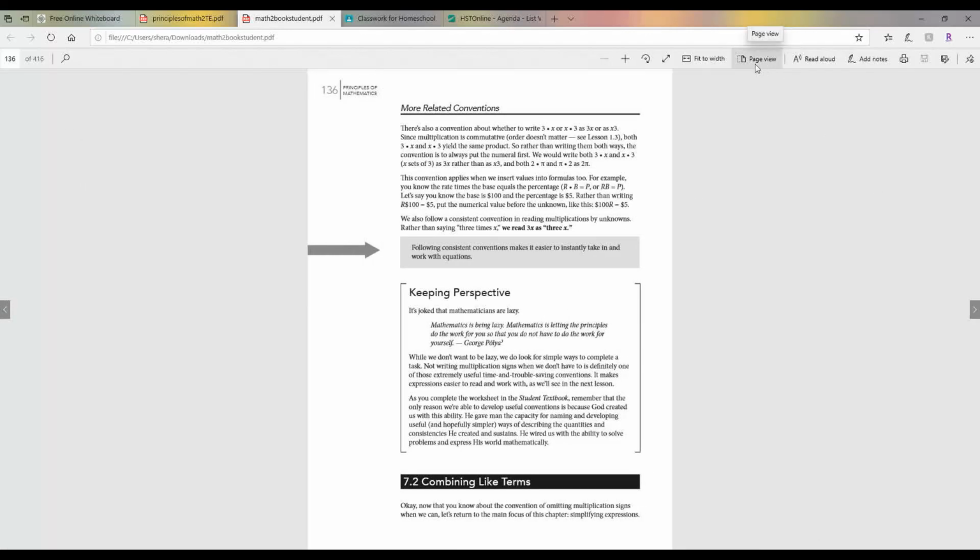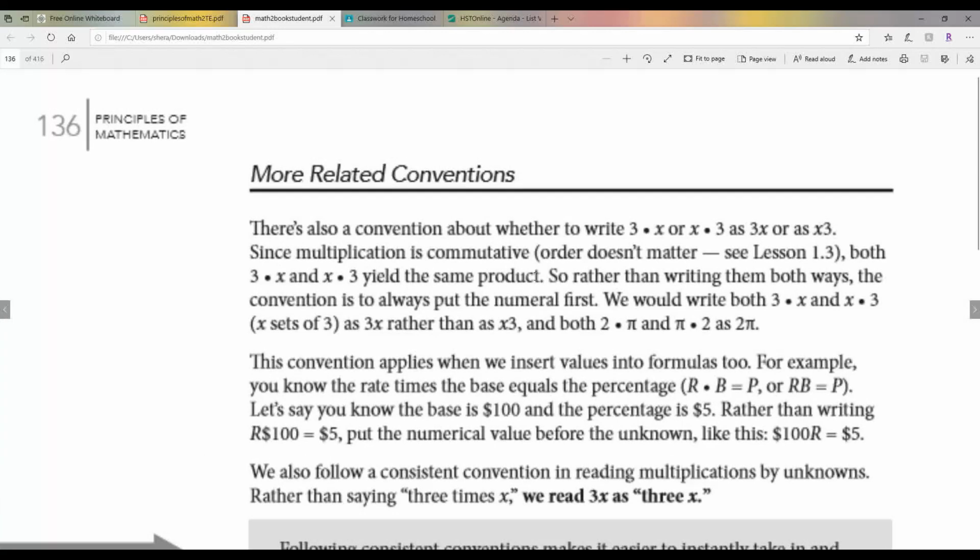All right, so let's look right here. There's also a convention about whether to write 3 times x or x times 3 or 3x or x3. Since multiplication is commutative, the order doesn't matter. Both 3 times x and x times 3 yield the same product. So rather than writing them both ways, the convention is to always put the number first.